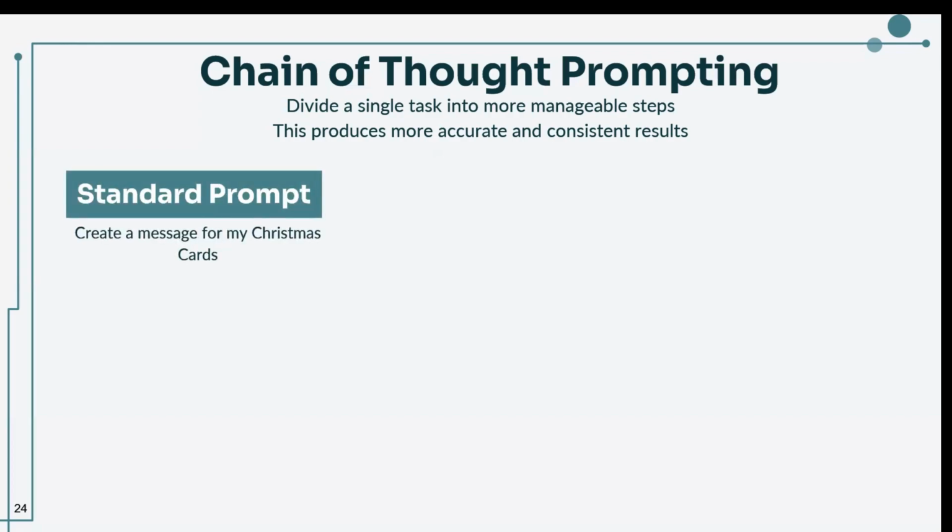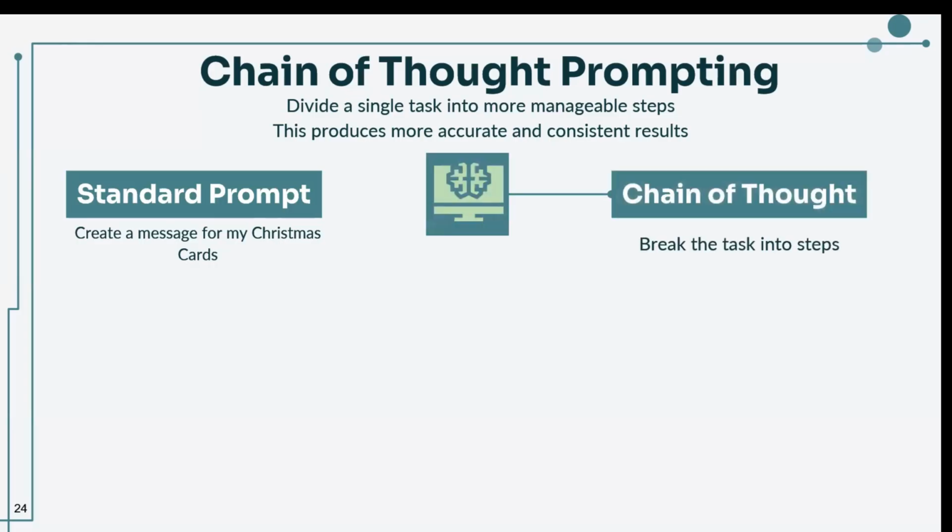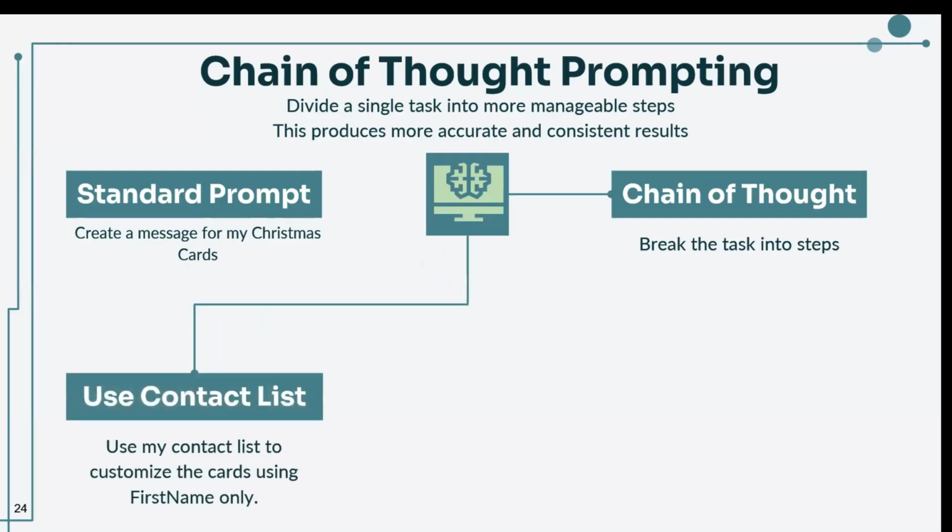A standard prompt creates a message. So here's the standard prompt: create a message for my Christmas cards. Okay, that's the first step. The next sentence in the prompt is going to be, we're going to break the task into steps. So the first one, I want AI to create a message for my Christmas cards. I want you to use my contacts list to customize the cards using first name only.